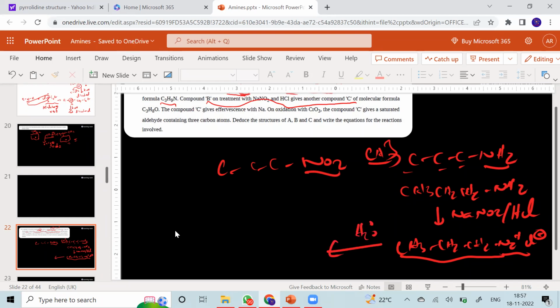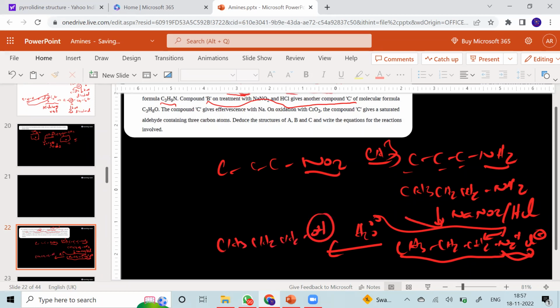They will react with the water molecule, which attacks here, and N2 completely leaves. So you will eventually form CH3, CH2, CH2, OH. This is what happens if I directly put NaNO2 plus HCl on an aliphatic amine. This OH compound is your compound C. This is your compound A, and this is your compound B.